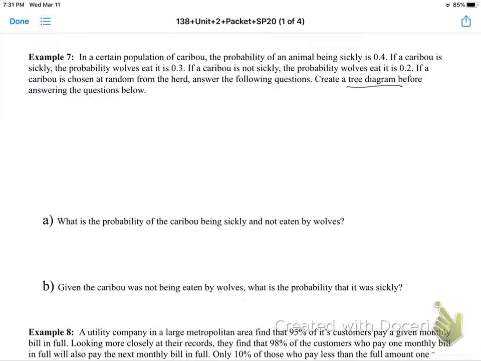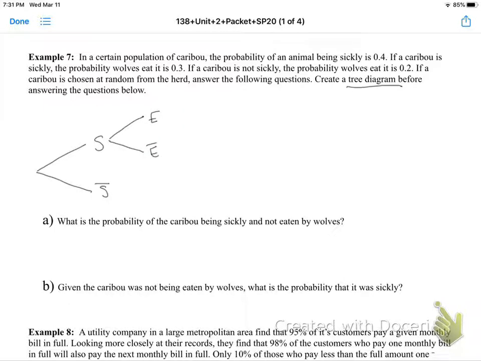So first we have to know whether or not the animal was sick or not sick, and that's how I note not sick, okay? Hopefully the sub helped you understand that. And then the second event that we note is whether the caribou was eaten or not eaten.